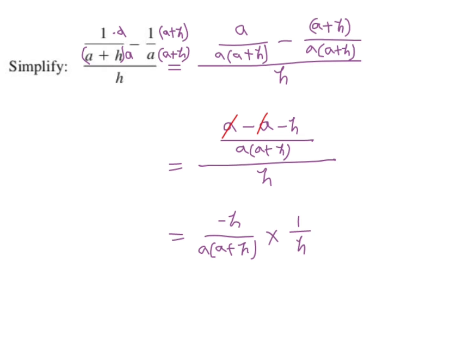Now cancel this h and this h, and just the minus is left. So our answer is minus 1 upon a plus h. This is the answer.